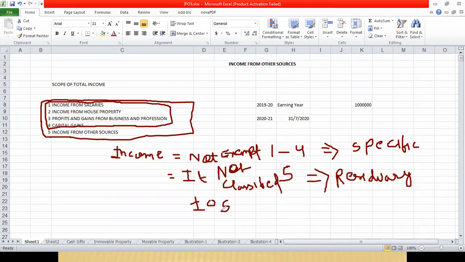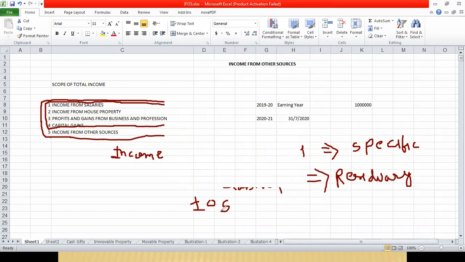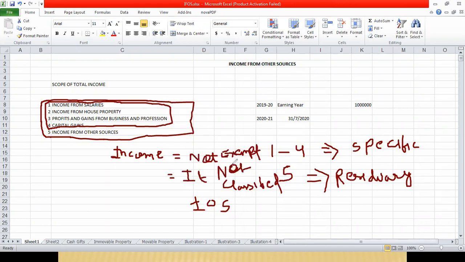So what are the 3 conditions? Note, everybody: income should be there, and that income should not be an exempt income. If it is an exempt income, then there is no question of classifying that income, because exempt income means income on which you need not pay tax.